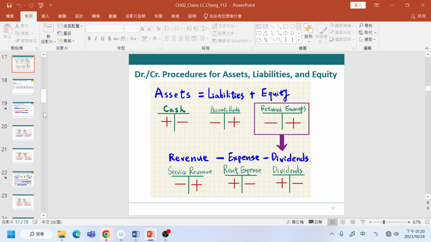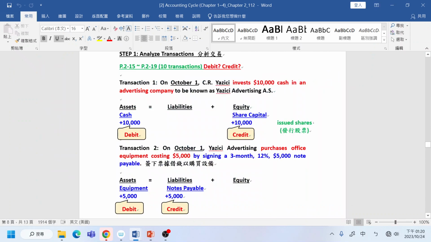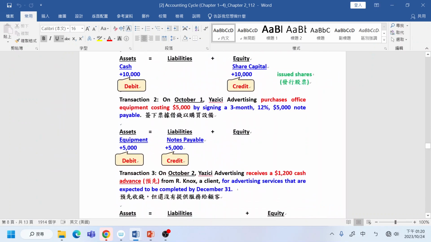So when I talk about debit credit, you could double check this one to make sure it's correct. Then practice it with me, okay? So transaction 2, equipment asset increase on debit, right? Liability notes payable increase on credit, right? Okay.